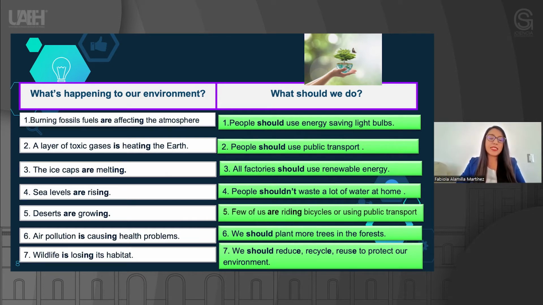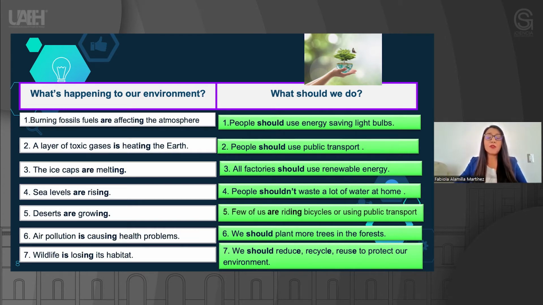It depends on the subject we are using. For example, here we use are because the subject is plural: burning fossil fuels are affecting the atmosphere. In the other case, a layer of toxic gases, a layer is singular, so we use is: is hitting the earth. The ice caps is plural, so we use the verb to be are.